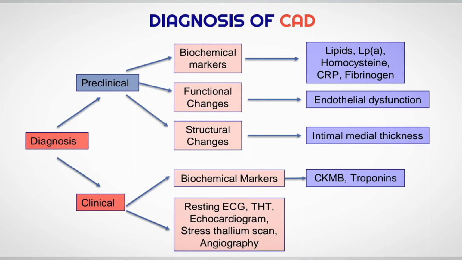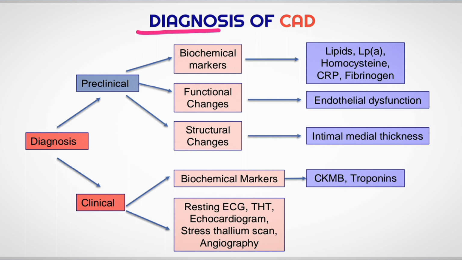Now let's discuss what are the diagnostic methods of coronary artery disease. So diagnosis of coronary artery disease includes the preclinical methods and the clinical methods. The preclinical method includes the biochemical marker assessment, the assessment of functional changes, and the assessment of structural changes.